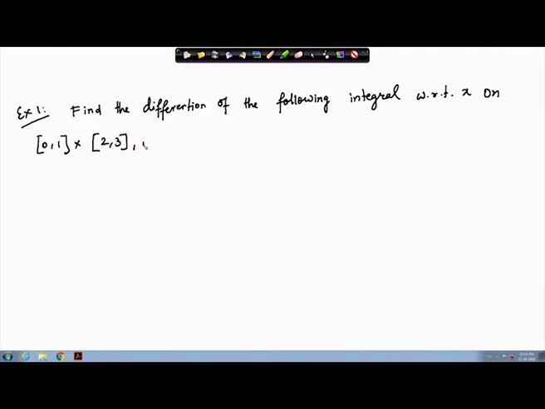That is, our rectangle R is all those x and y such that 0 less or equal to x less or equal to 1 and 2 less or equal to y less or equal to 3.